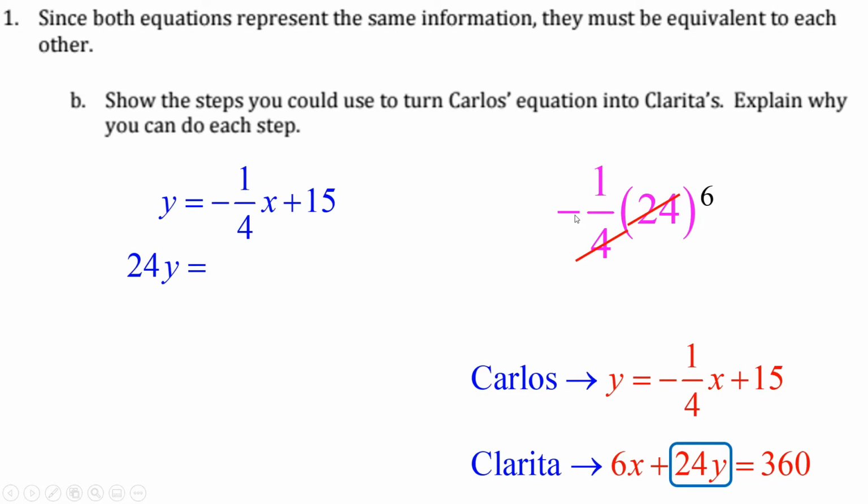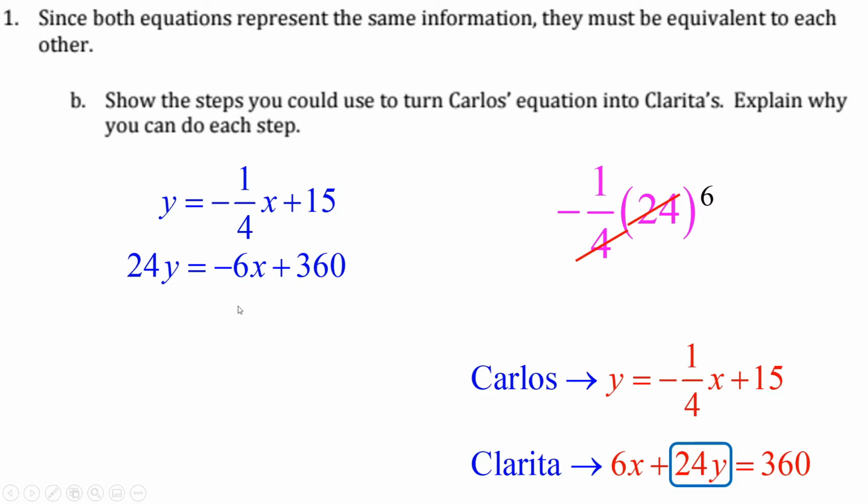So that's going to become a negative 1 times 6, or negative 6. And don't forget that factor of x right there. And then plus, let's multiply the 15 by 24. And I'm going to punch this out on a calculator to double check everything. So 15 times 24, and I'm getting that 360 I was hoping for, plus 360.